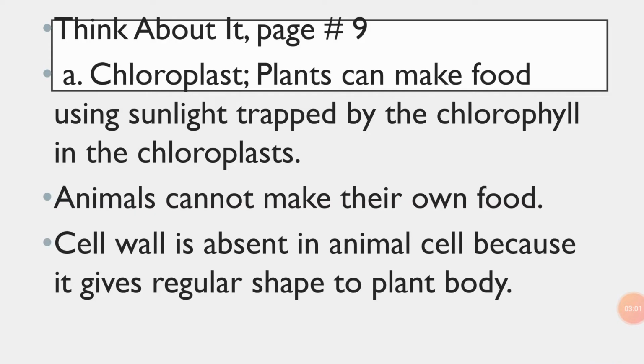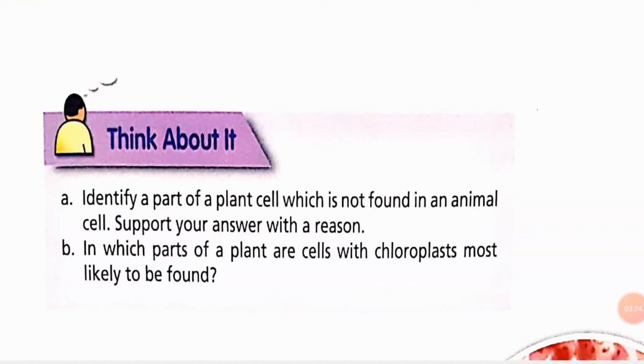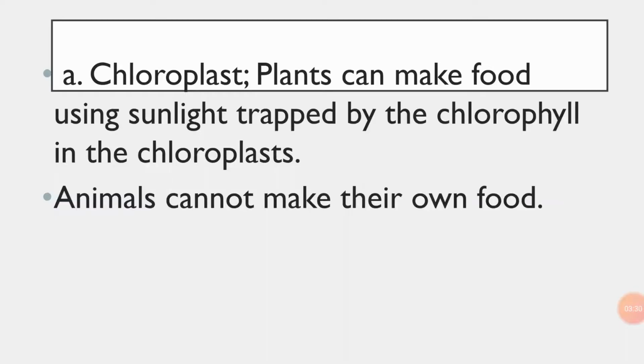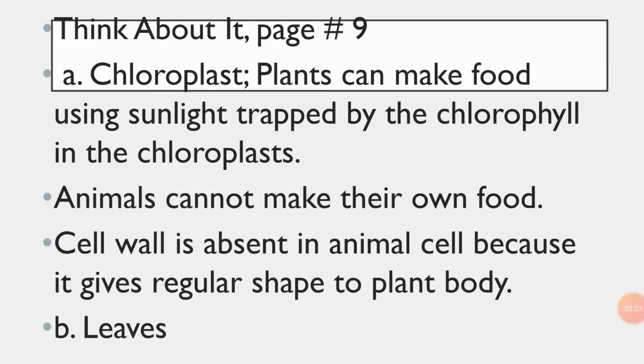The answer of the first question is given here, that chloroplast and cell wall are the two organelles that are present in plant cell but absent in animal cell, and the reason of their presence in plant cell is also given here. B part is, in which parts of the plants are cells with chloroplast most likely to be found? Its answer is leaves.